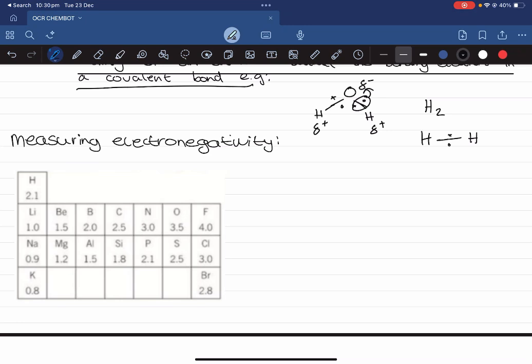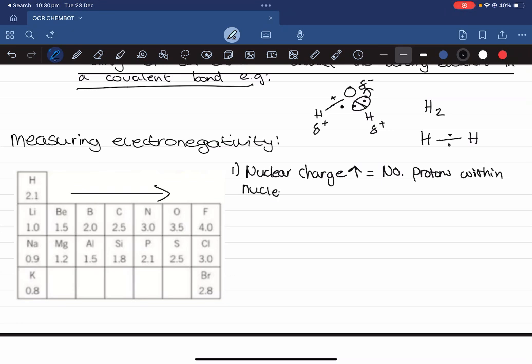So when we're talking about across the periodic table, we state number 1, the nuclear charge. So across the periodic table, the nuclear charge increases. This is because the number of protons within the nuclei increase. Therefore, it is more positive.